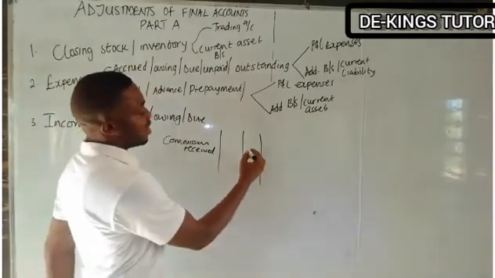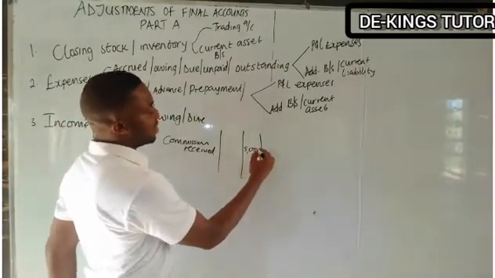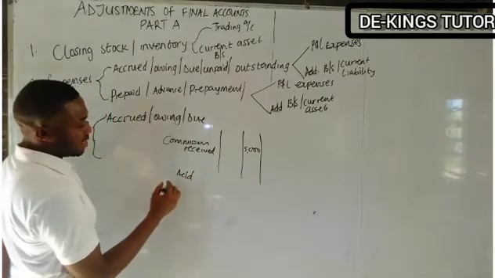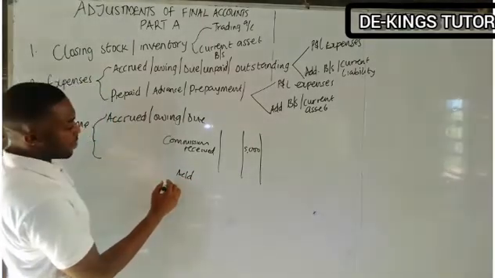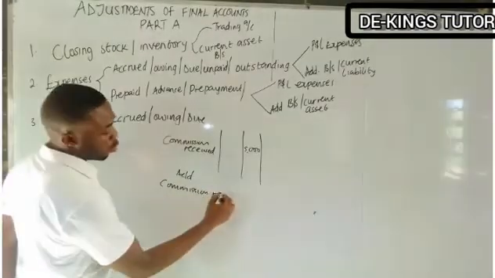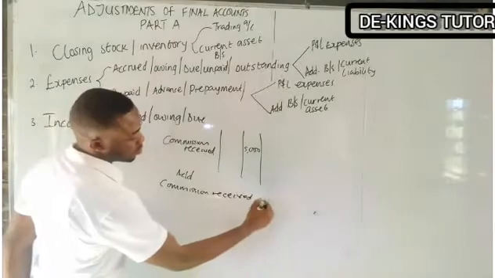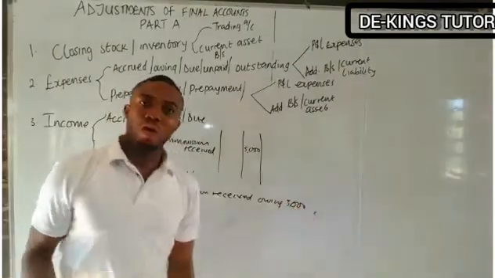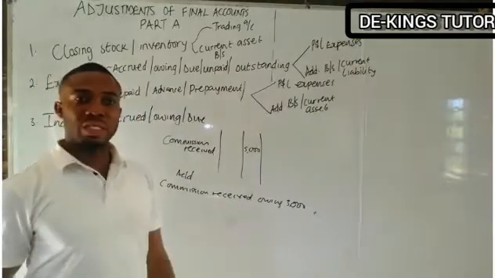Now, let's say the income is 5,000, and in the additional information, they said commission received owing 3,000. Now, what does this mean? Now, how do we adjust this?